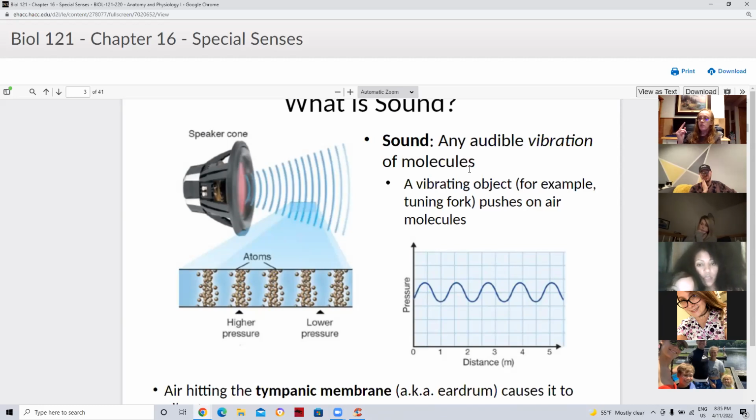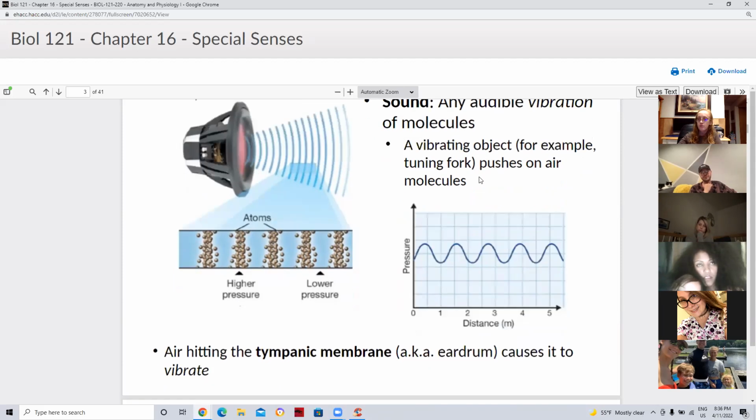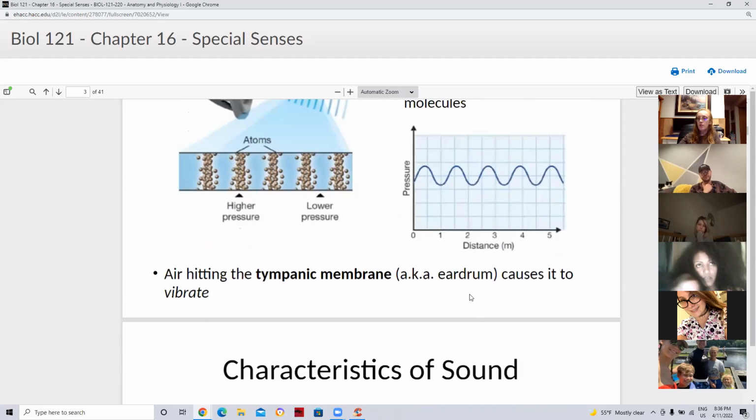A vibrating object, for example, a tuning fork, is going to push on the air molecules that are going into your ear. And your eardrum is going to start to vibrate at that same frequency. So the air hitting the tympanic membrane causes it to vibrate.